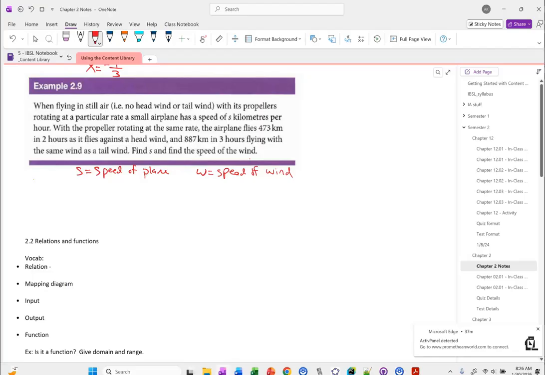Everybody agree? Okay. If there's a headwind, is that headwind going to slow you down or speed you up? Slow us down. How much will it slow us down by? The speed of the wind.